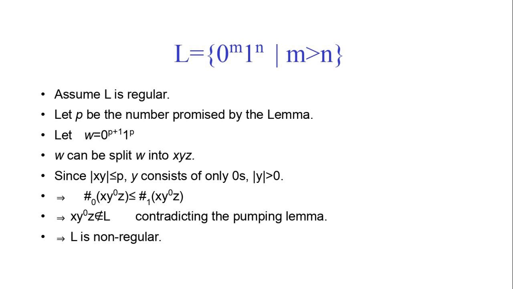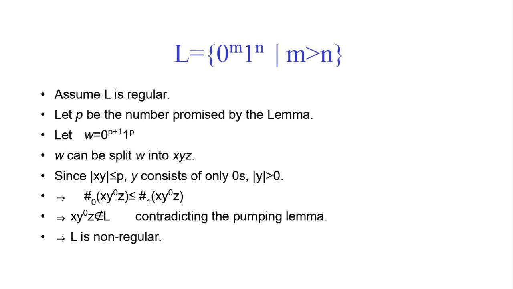Here p plus 1 is greater than p. W here can be split into x, y, and z. These three parts can be separated out from any string W of the language L, and we are considering y as a string of zeros.